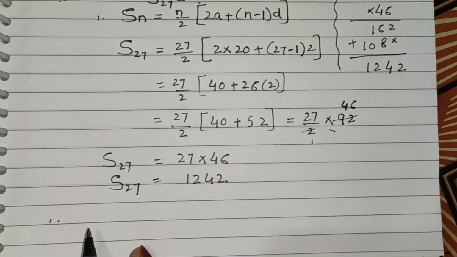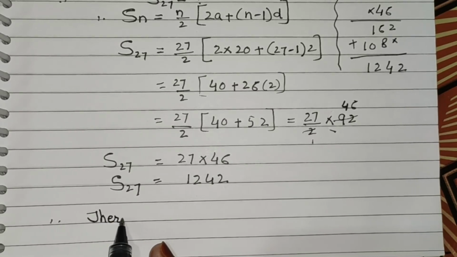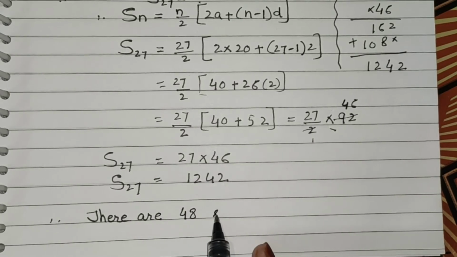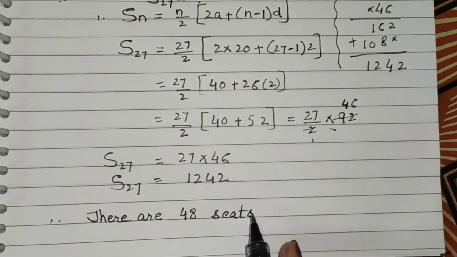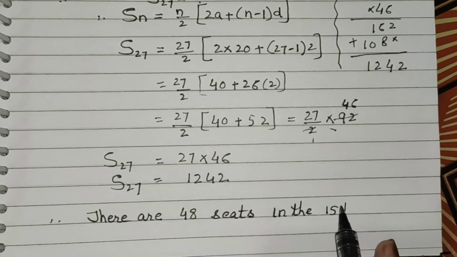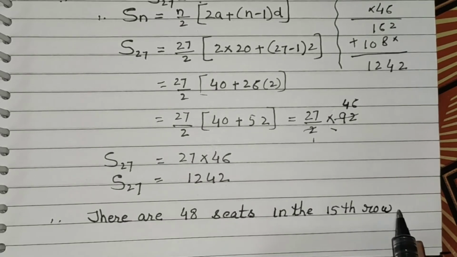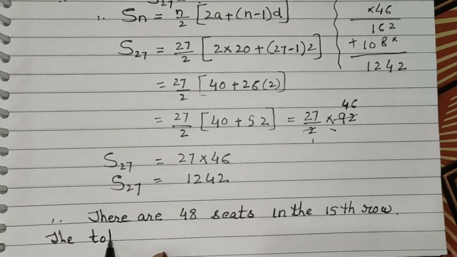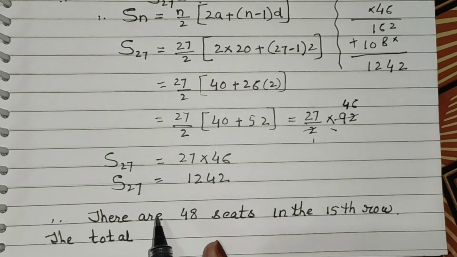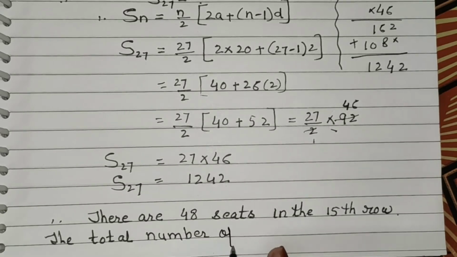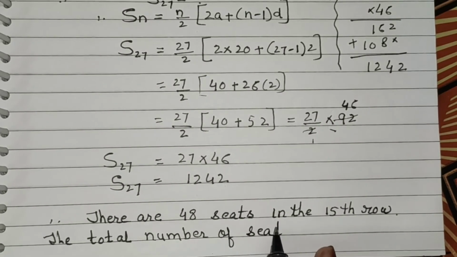Now write down the answer. There are 48 seats in the 15th row. And the total number of seats in the auditorium is 1242.